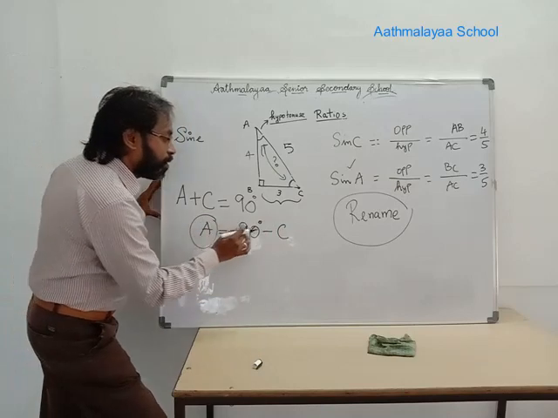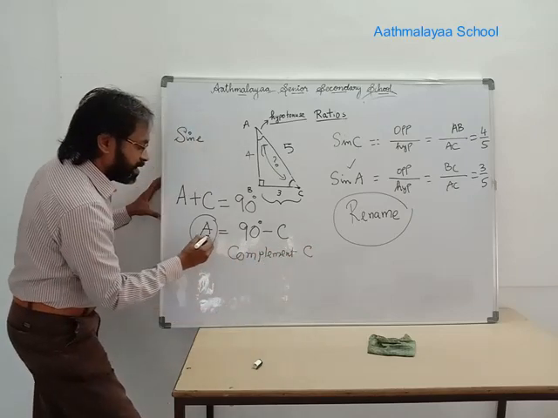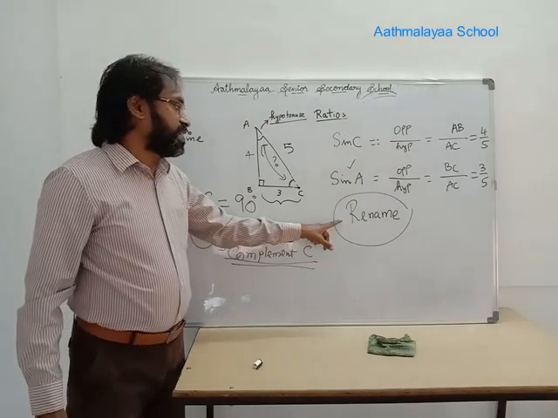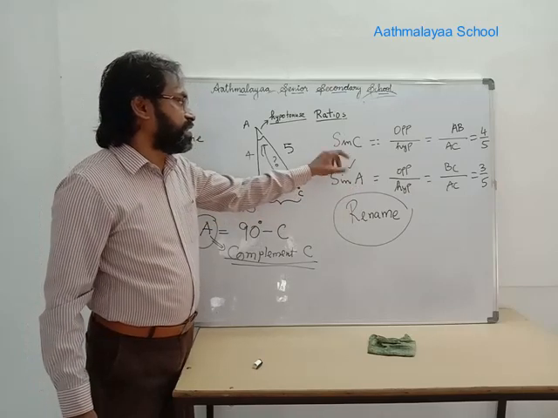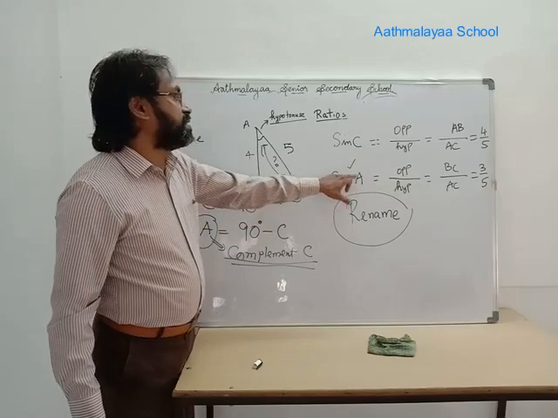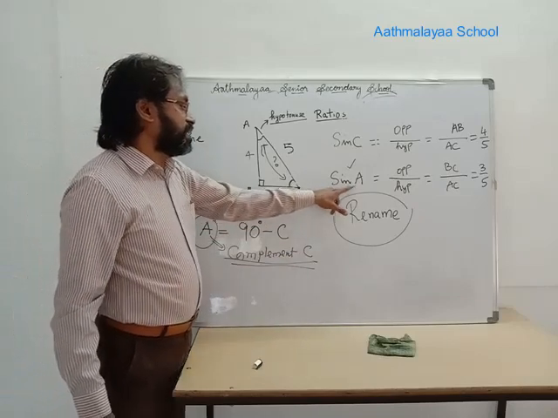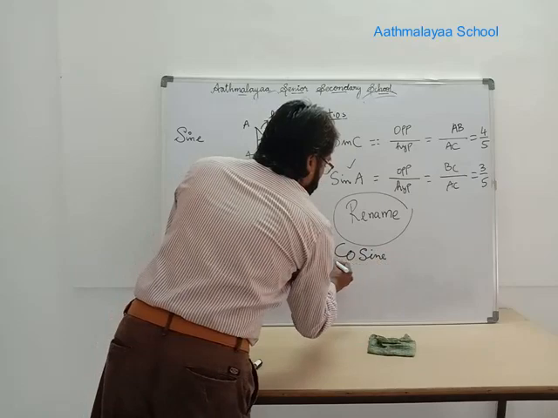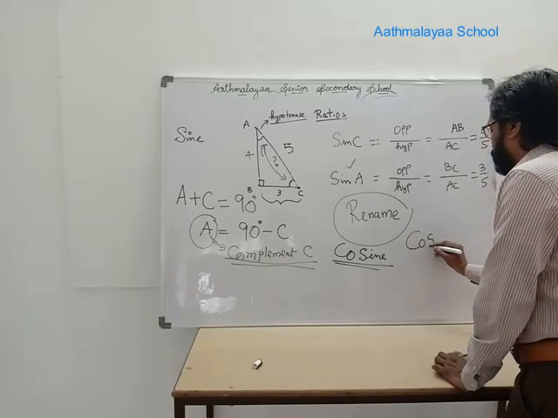Angle A is the complement of angle C. Therefore, in nomenclature, instead of sine A, if I want to discuss in terms of something related to C, I can say sine of the complement of angle C, because A is the complement of angle C. So sine of the complement of angle C is renamed as complement of sine, which is cosine, otherwise written as cos C.